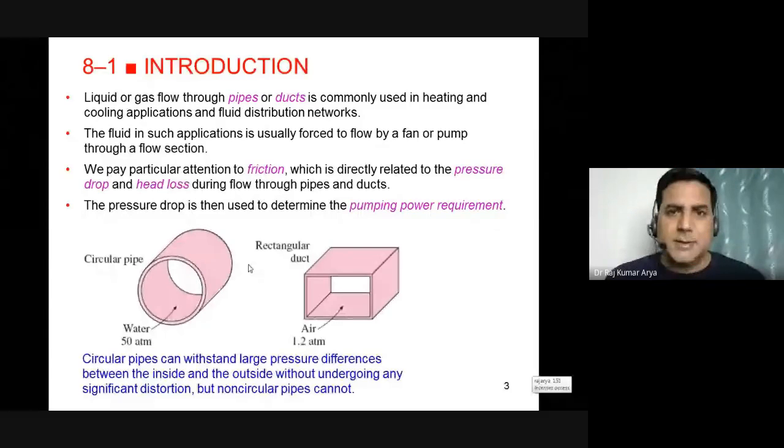So what we have here, first the liquids and gases. Mainly you flow them through closed channels either for heating or cooling. Second, even if you are not doing heating or cooling, you flow through closed channels because you want to drive them at a particular velocity or to give them some pressure. For that your area should be confined, otherwise you cannot pressurize it.